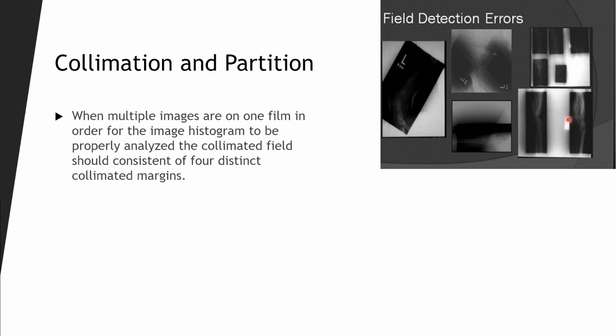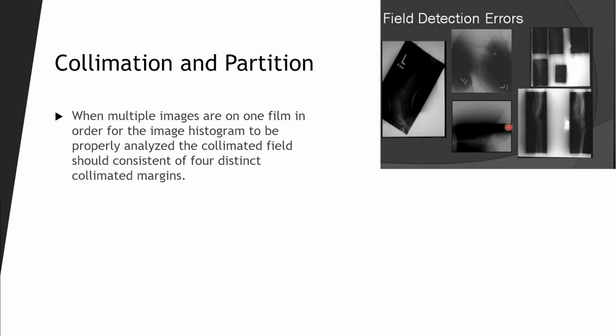There are 2 images of the wrist on here, and it included this area. It wasn't able to include just the imaged field right here. So all of this data would be included in the digital image processing steps, and it's going to misrepresent the images here.